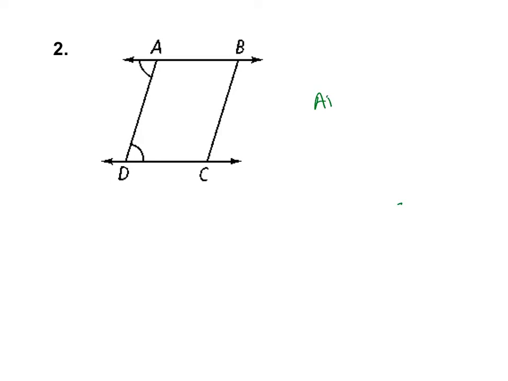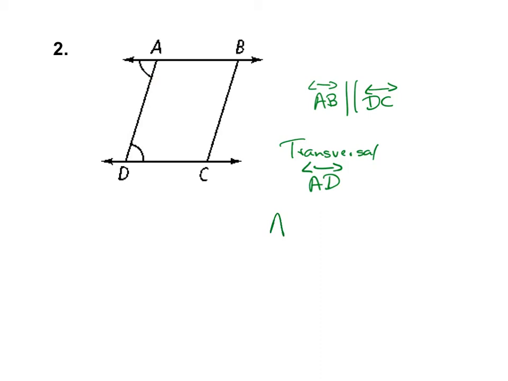Line AB is parallel to line DC, and my transversal is line AD, right here. And because they are alternate interior, the converse of alternate interior angles.